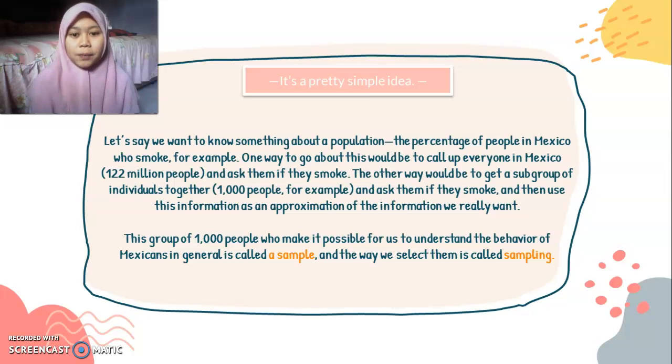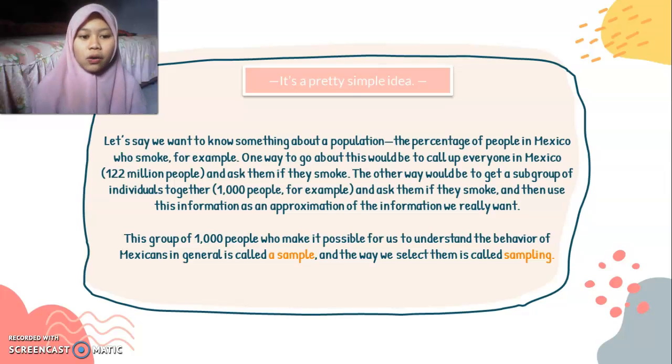One way to go about this would be to call up everyone in Mexico, around 122 million people, and ask them if they smoke. The other way would be to get a subgroup of individuals together, like 1,000 people, and ask them if they smoke, and then use that information as an approximation of the information we really want.